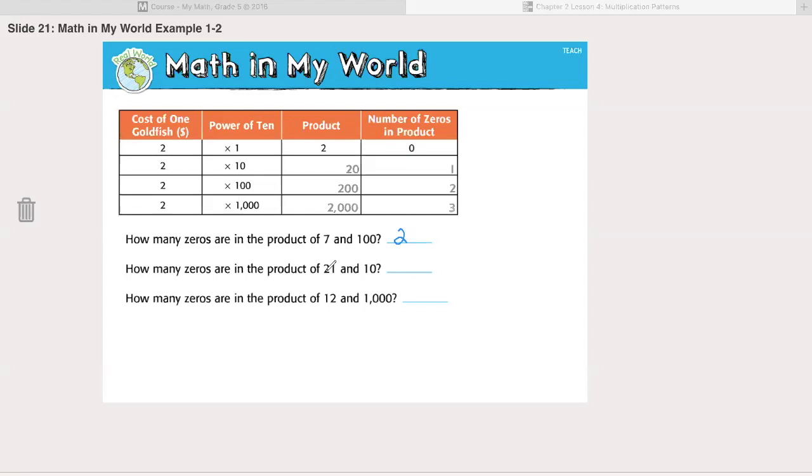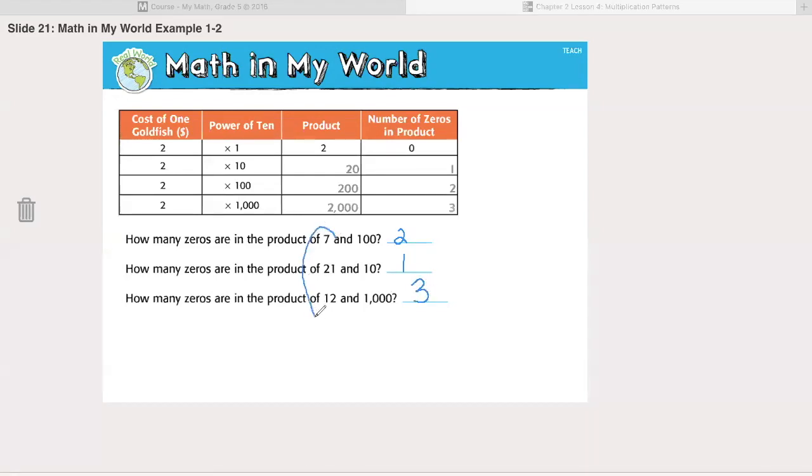If I were to multiply 21 times 10, I would get 210. There is 1 zero. How many zeros are there in the product of 12 and 1000? 12 times 1000 is 12,000. There would be 3 zeros.